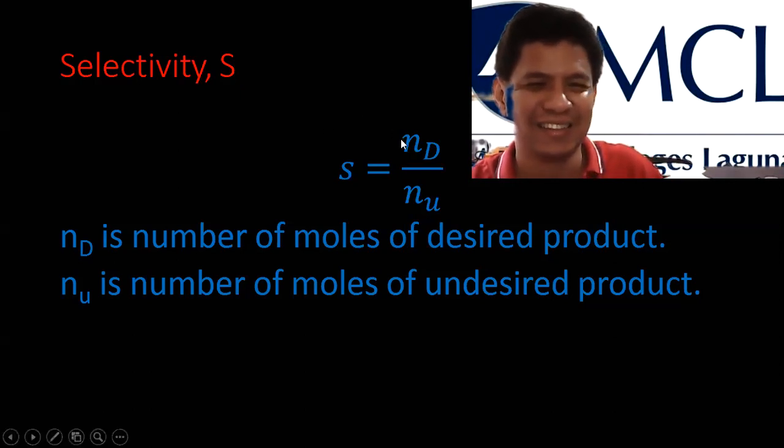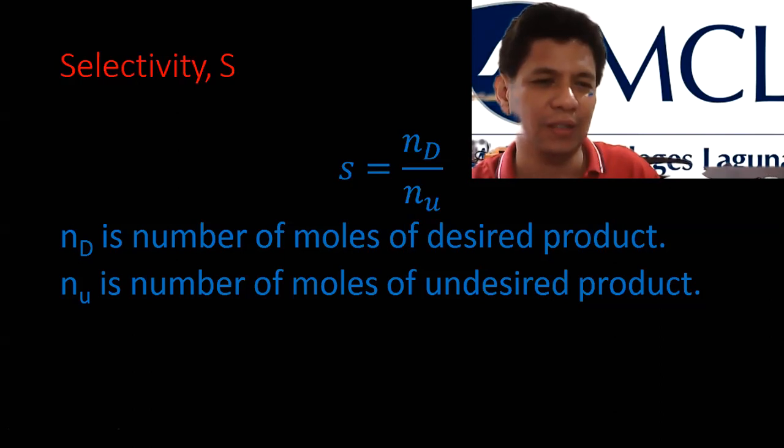Usually, in a chemical reaction, we have two parallel reactions going on at the same time. One is the major reaction, the reaction that we want, and the other is the undesired reaction.